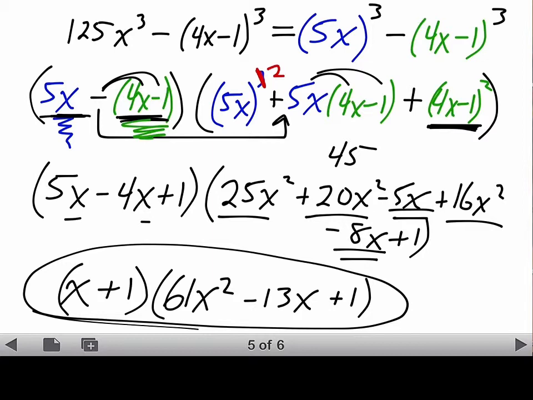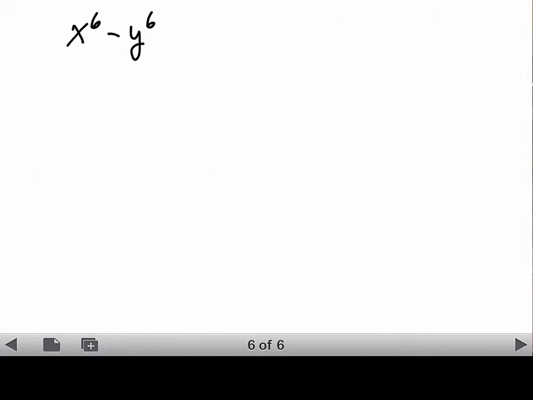This brings us to our final example, x to the 6th minus y to the 6th. We're going to end up factoring this in two different ways. I can express this as a difference of cubes by considering x squared cubed minus y squared cubed.